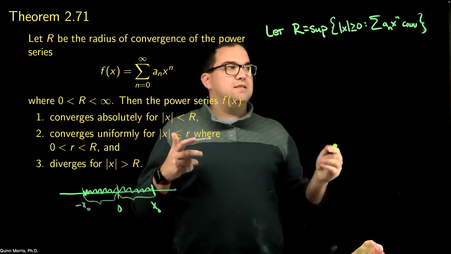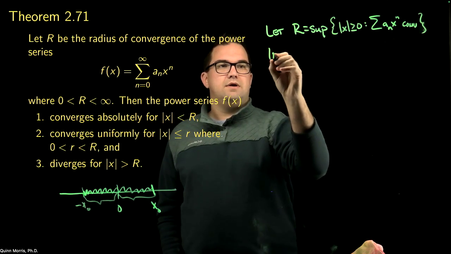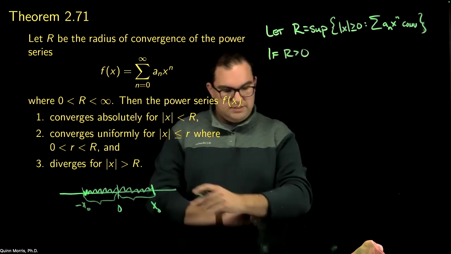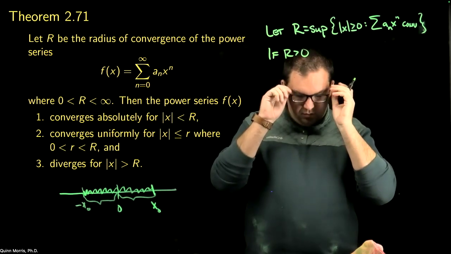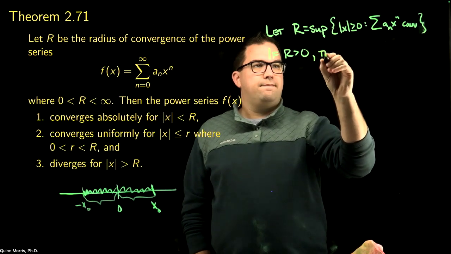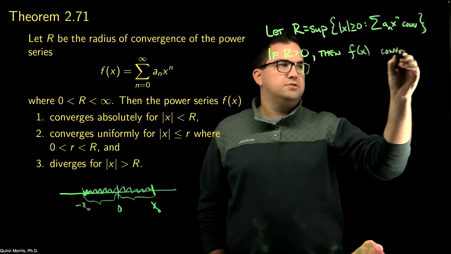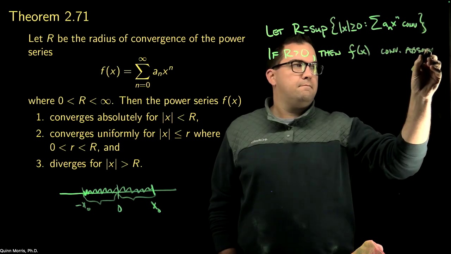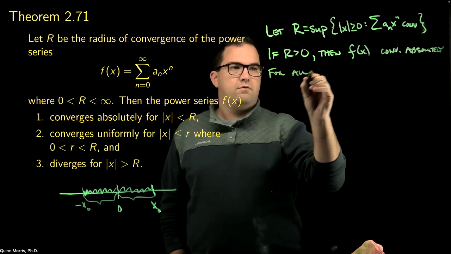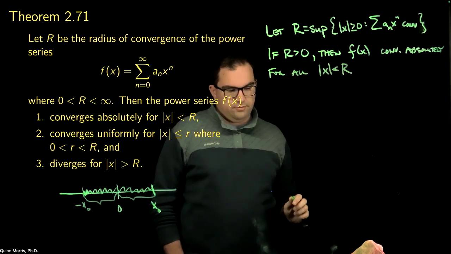If R is positive, which is sort of, again, our assumption here, since R is greater than 0 in this case, then that series f of x converges absolutely for all x with absolute value less than R. Okay.